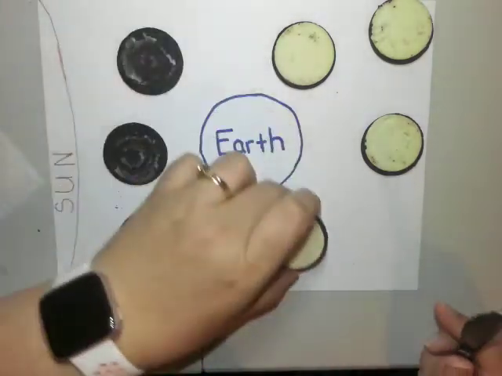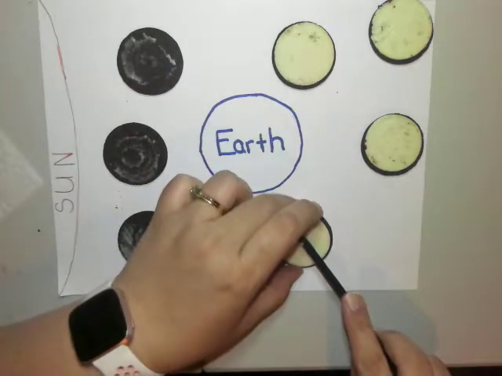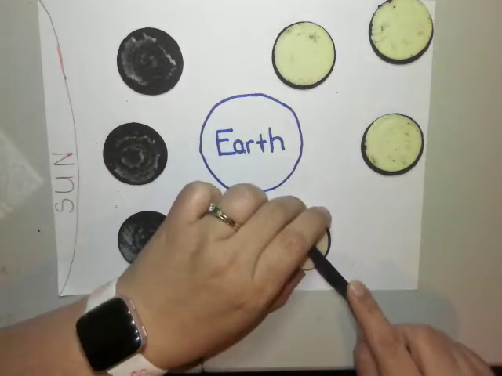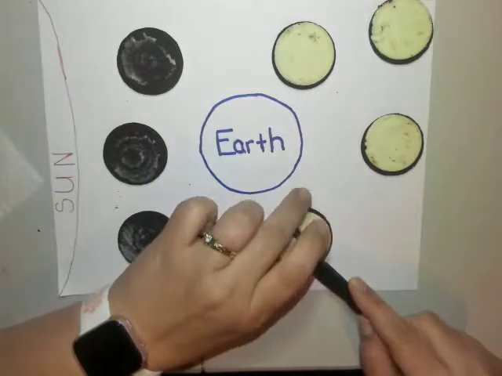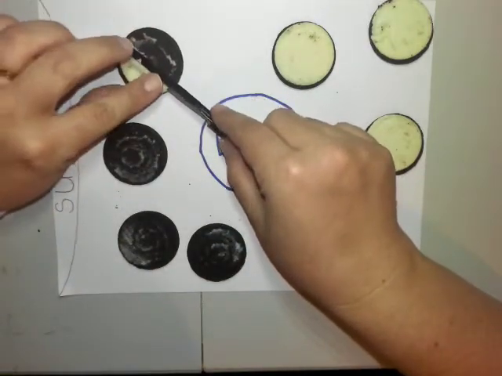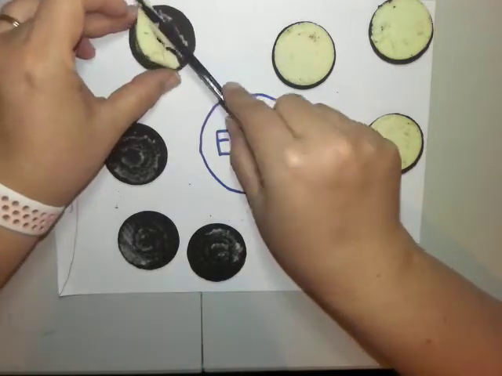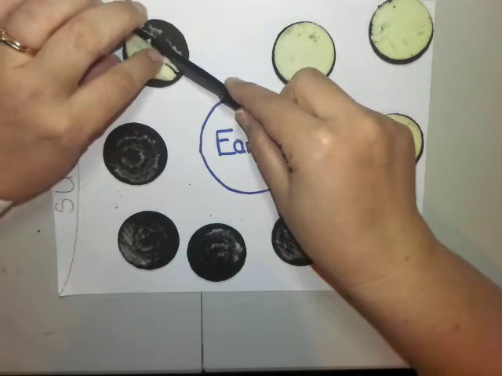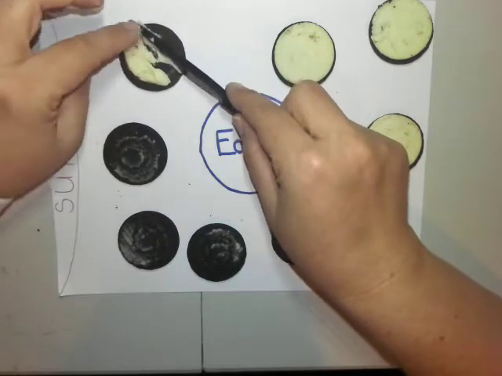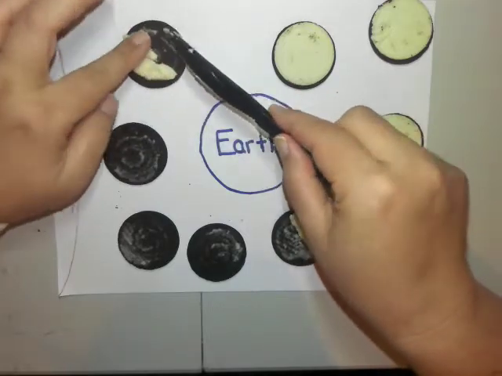Now we also know that we don't just see those two, and we're trying to look for some patterns and sequences here. So I'm going to take half of my icing from one of my Oreos, and it's not going very nicely. We're going to place it over on there, and we're going to say that it's half.